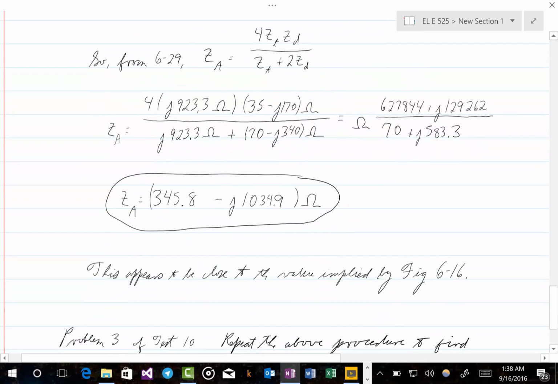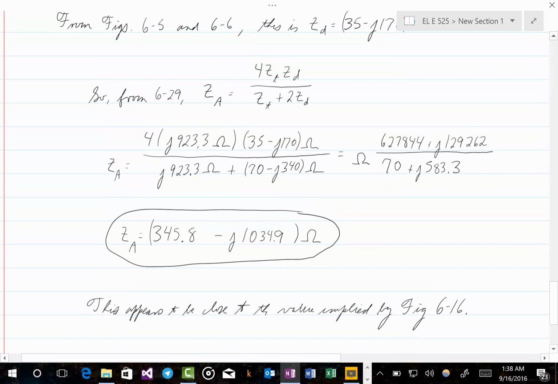And now the final step: if we look at figure 6-16, we have the same difficulty that we do in looking at figures 6-5 and 6-6, which is that these figures are drawn in such a way that it's hard to estimate very precise values. But if you look at figure 6-16, you would probably come up with a value somewhere close to 345.8.